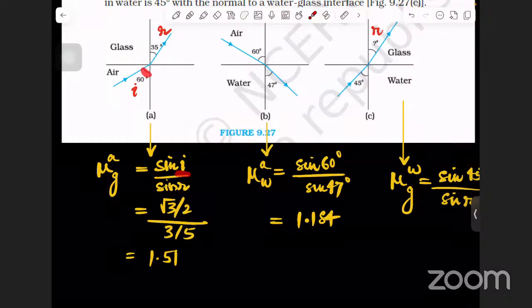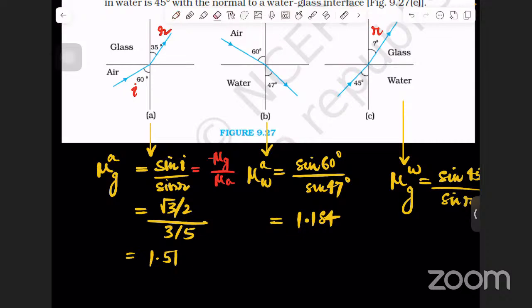While writing the refractive index mu, you have to write the other medium in the numerator. I is the angle in the air. So while writing the numerator, you will write the refractive index of glass in the numerator. This should be equal to the refractive index of glass divided by the refractive index of air.